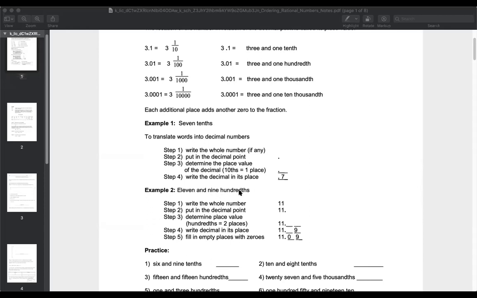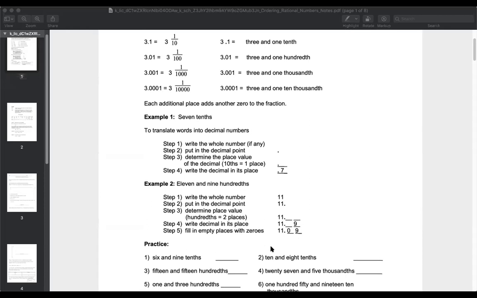It says 9/100ths, so I need to put the 9 in the hundredths place, and then I have to fill in any empty spaces with 0. That is how that's going to work. So those are the steps I would take.